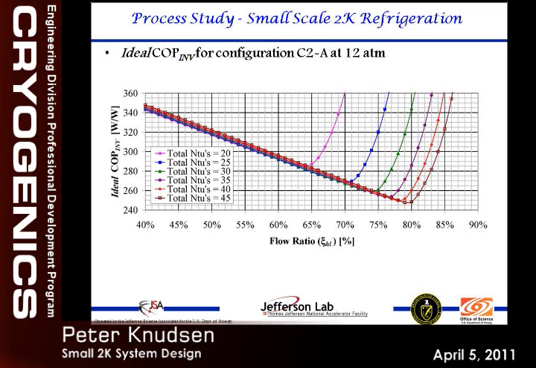This is the flow ratio, and this, I didn't mention, is the ideal COP inverse. We'll look at the real and ideal COP inverse. This flow ratio behavior is typical of all of them. There's linear behavior here, and then it changes very quickly past this optimum.